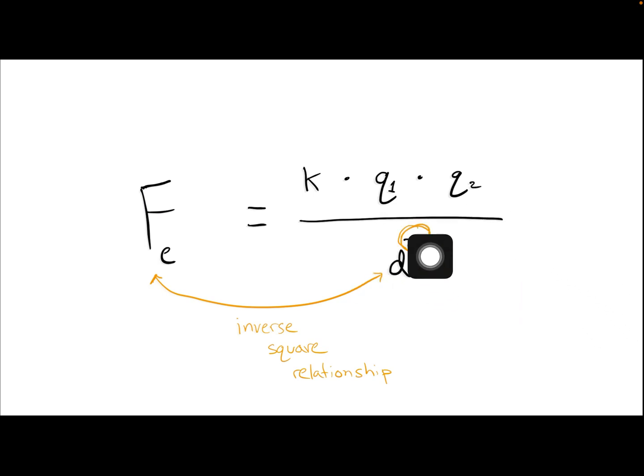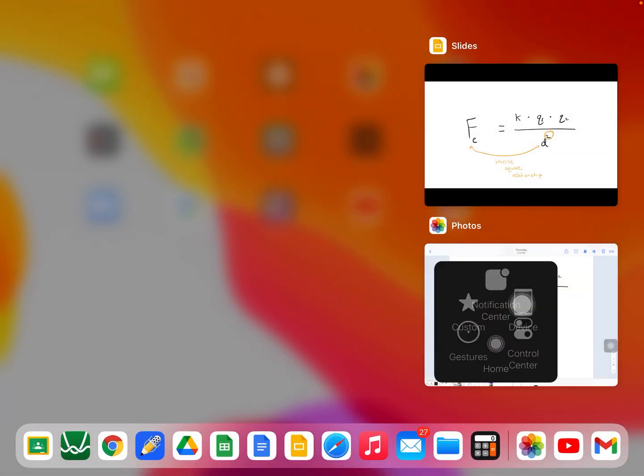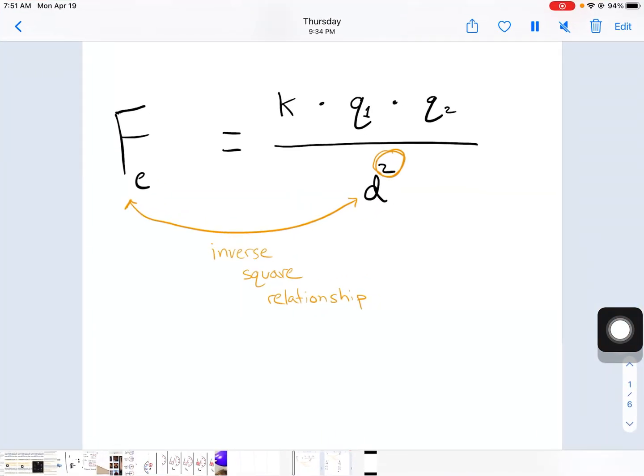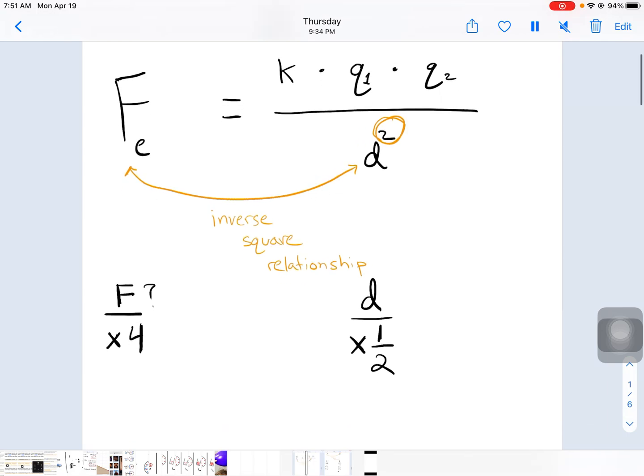So let's see, how does changing the distance affect the force? Well, let's check it out. If you halve the distance, you make the two charges closer by half, what's going to happen to the force? Do they feel more force when they're closer to each other? Yeah, they do. They feel more force by a factor of 4. It quadruples the force.